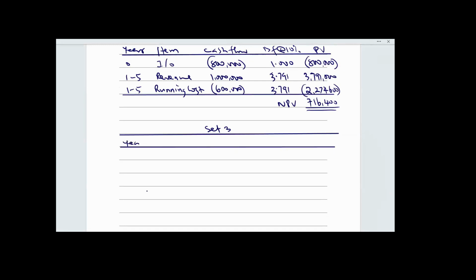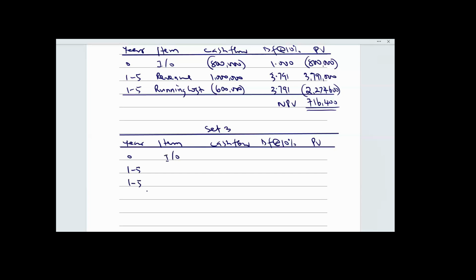Here, item, cash flow, discount factor at 10%. Then the present value. Year 0, and years 1 to 5.